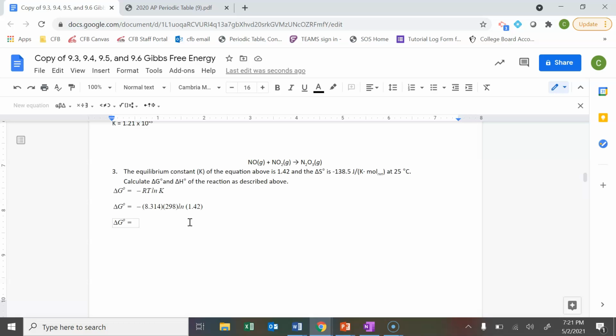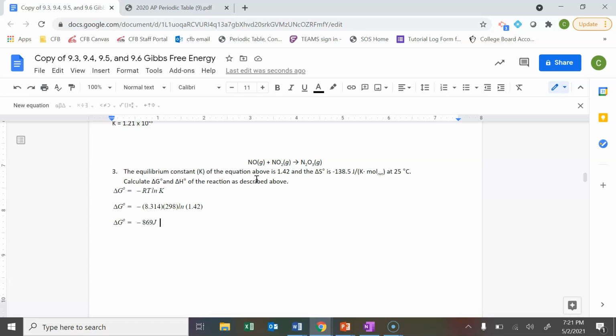I get negative 869, if I'm rounding to 3 sig figs, negative 869 joules. Okay, so that's my delta G, in joules.